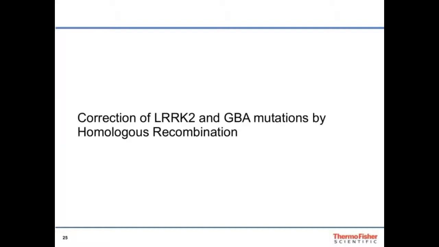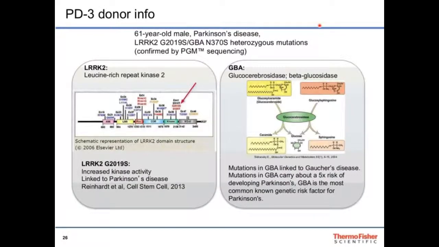So a little bit more, we wanted to go in and edit some genes. We have these 2 mutations linked to Parkinson's disease. In this case, there's the LRRK2 leucine-rich repeat kinase. Basically, this mutation from G to S at this position leads to higher kinase activity, and it's linked to Parkinson's. The mechanism is unknown.